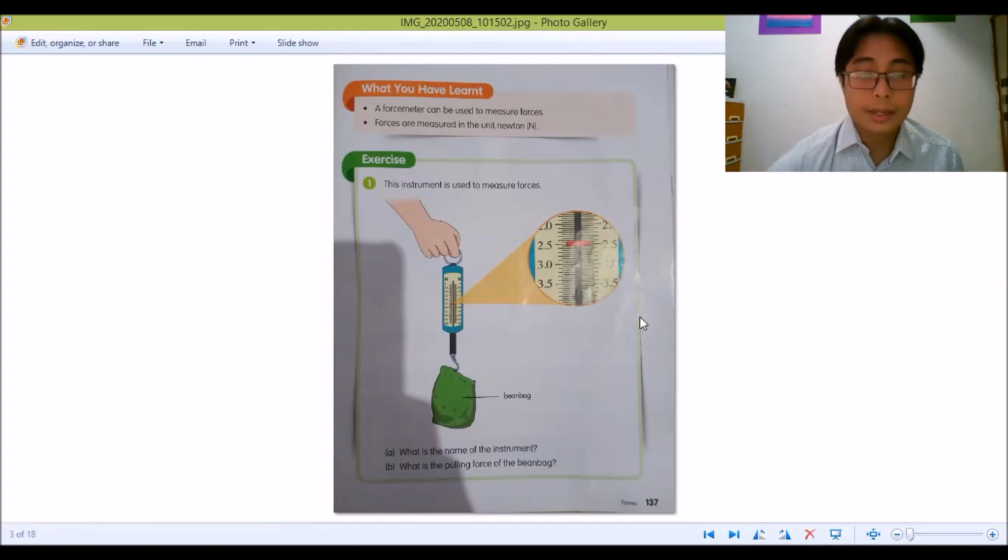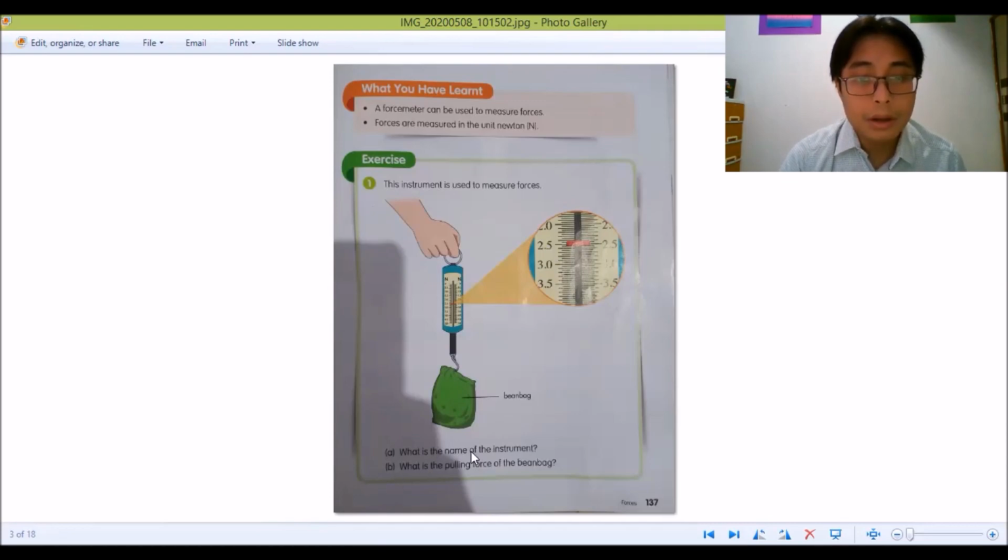So exercise. This instrument is used to measure forces. So here we have a beanbag. When we pull the beanbag using the force meter, we will answer the following questions.